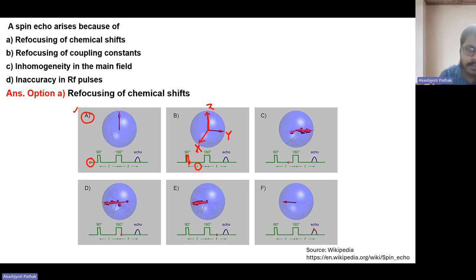So what will happen is that they will start to dephase.